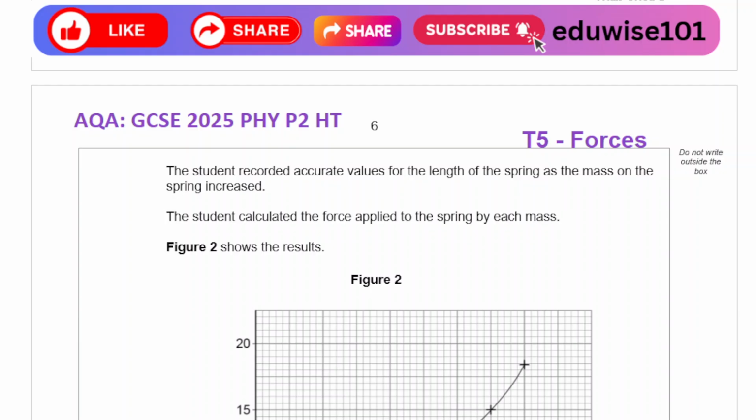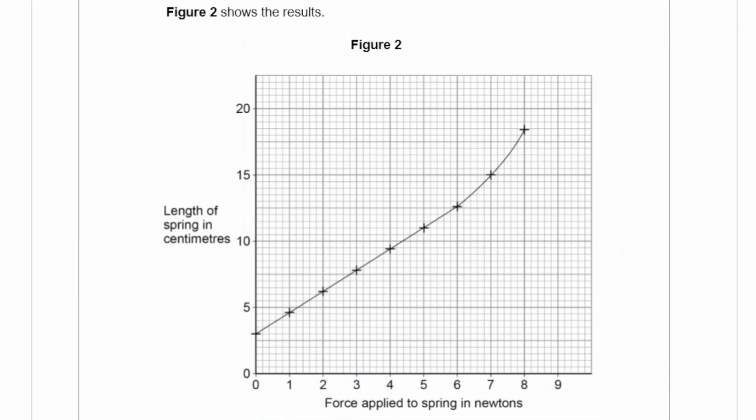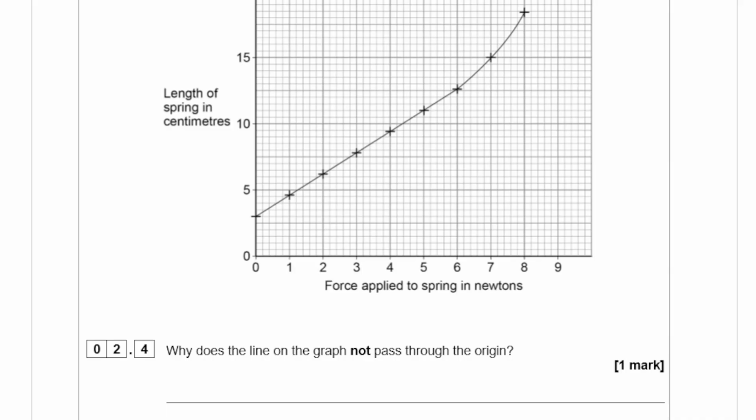The student recorded accurate values for the length of the spring as the masses on the spring increased. The student calculated the force applied to the spring by each mass. So you can see that as the force increases, the length of the spring also increases, but it's not at 0, okay? Why does the line on the graph not pass through the origin?